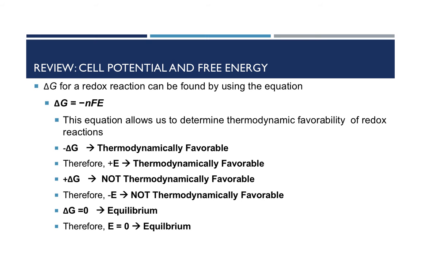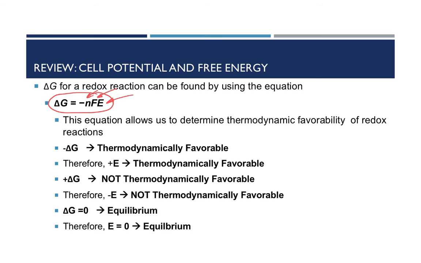The second thing we need to know in order to understand what happens to cell potential as you change concentrations is the idea of cell potential and free energy, as we talked about yesterday at the end of our notes. We learned that for a redox reaction, we can find the free energy by using the equation ΔG = -nFE, where n is the number of moles of electrons transferred, F is Faraday's constant, and E is the cell potential.